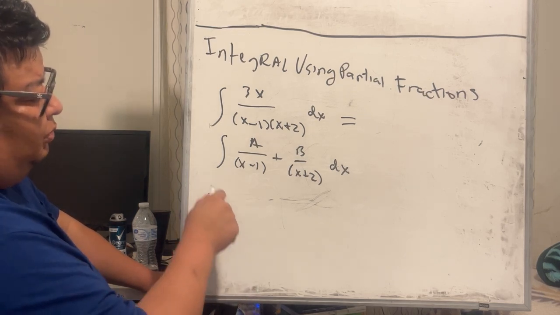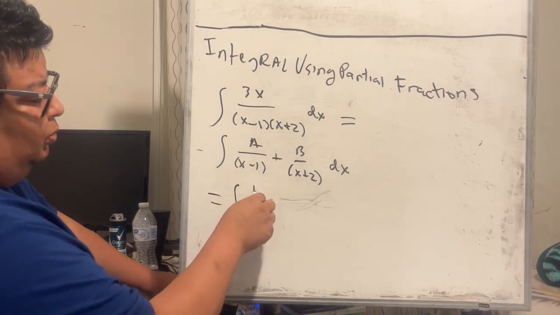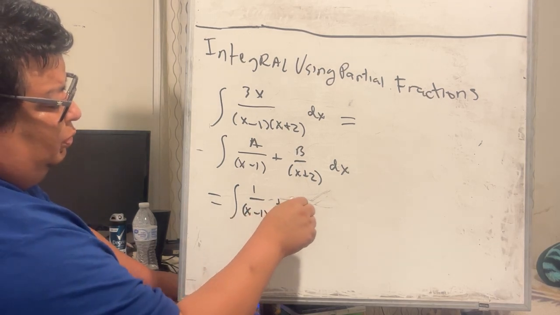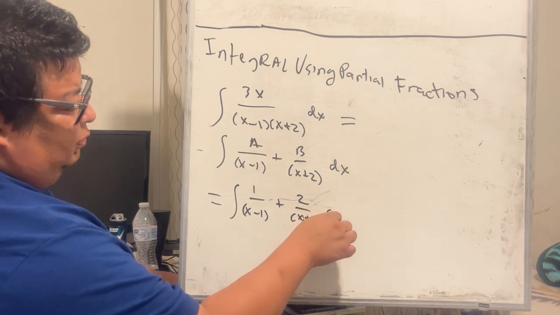So this will become the integral of 1 over x minus 1 plus 2 over x plus 2 dx.